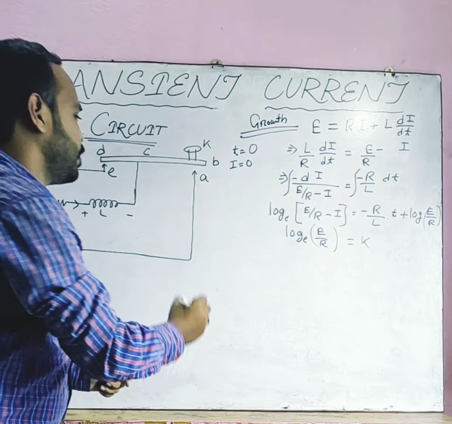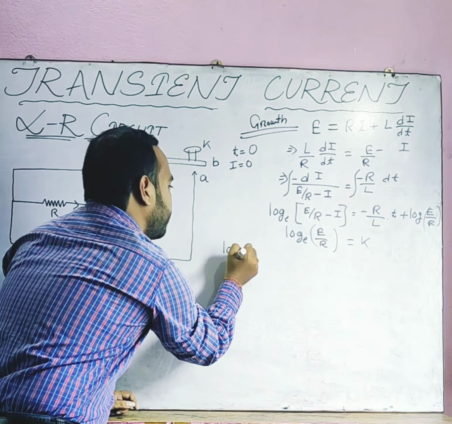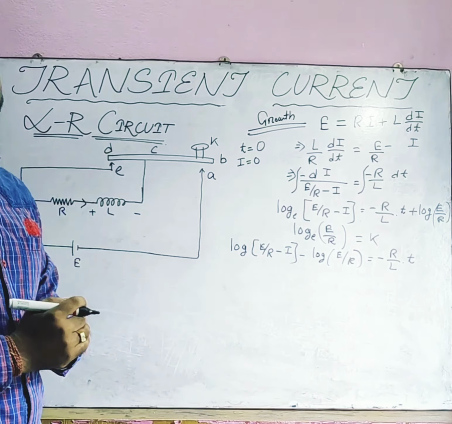Now, this becomes log E by R minus i minus log E by R equals minus R by L into t.